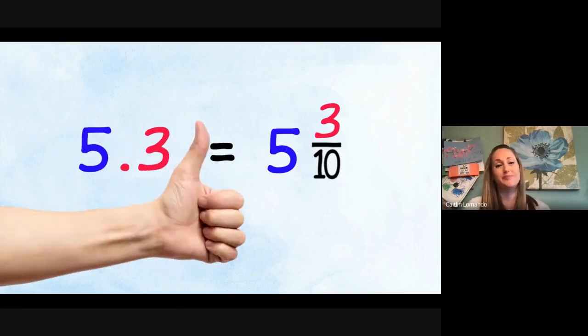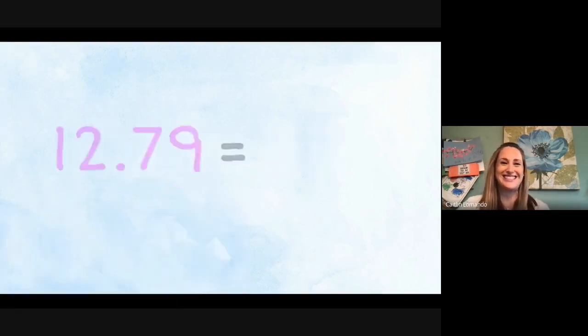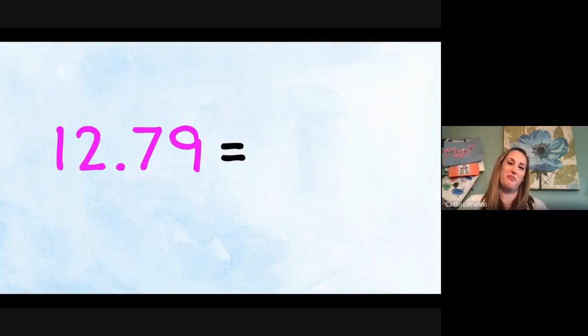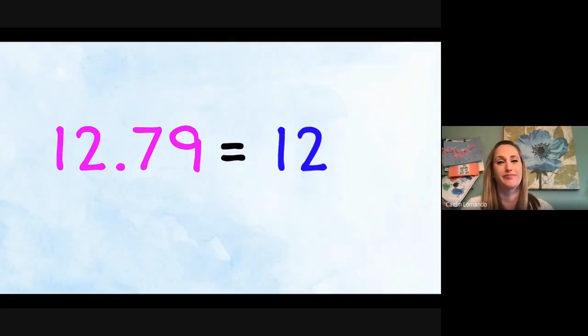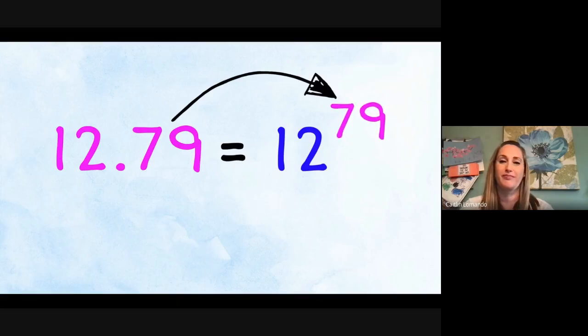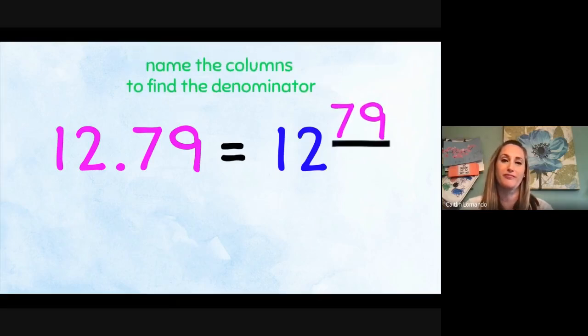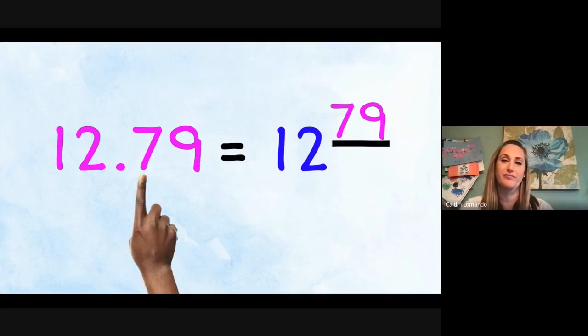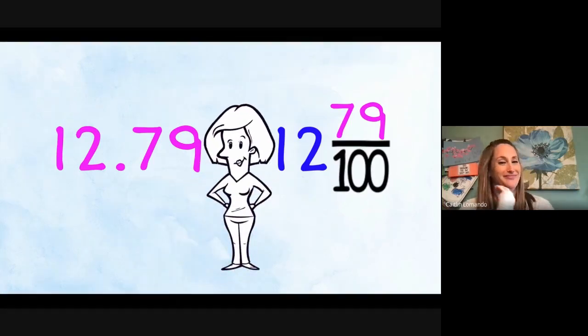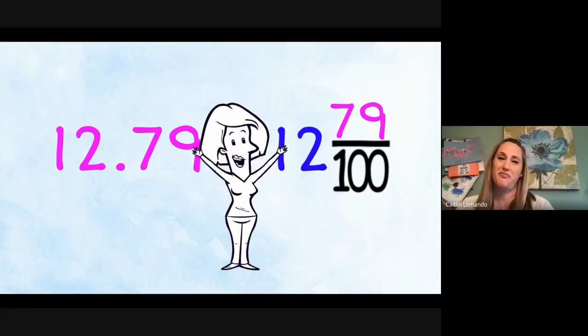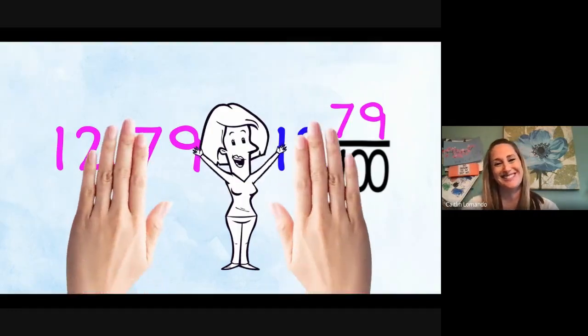Okay with that? Great stuff. Last one. 12.79. 12 whole ones. And here, 79 is our numerator. Name the decimal columns to find the denominator. Tenths, hundredths. See, you can easily change from decimals to fractions.